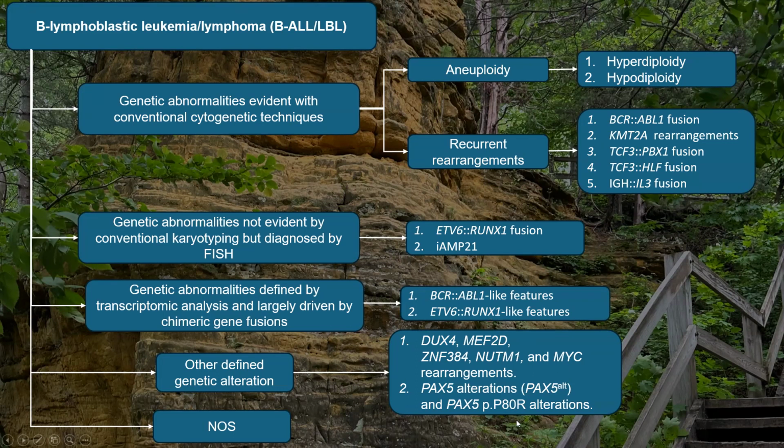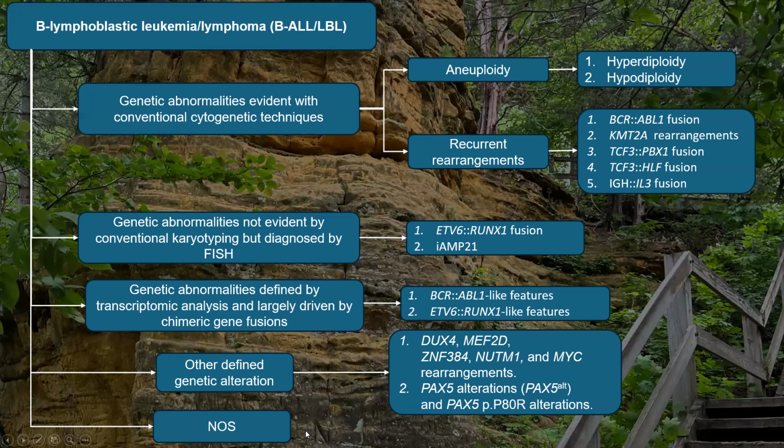As I said earlier, if you have an entity that doesn't fall under any of these categories, we call that B-lymphoblastic leukemia lymphoma not otherwise specified, or NOS. However, in order to make this diagnosis, you have to do an extensive cytogenetic and molecular workup.